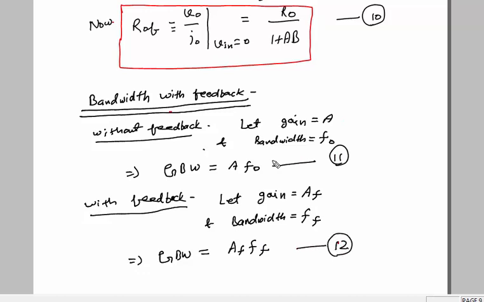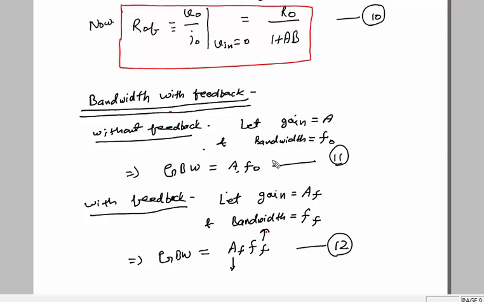Now the important point: the gain bandwidth product is always constant. With the application of negative feedback, gain reduces and bandwidth increases by the same factor.